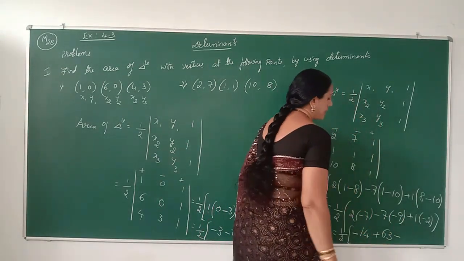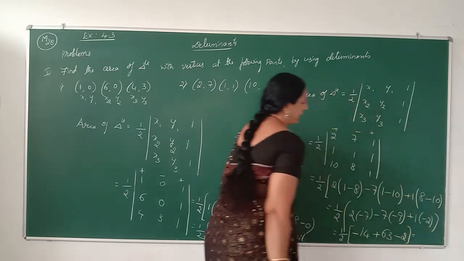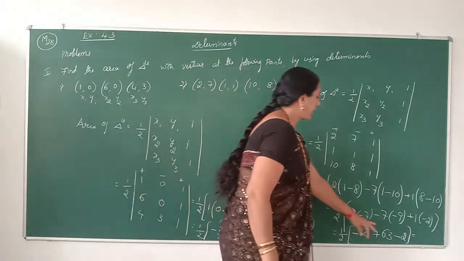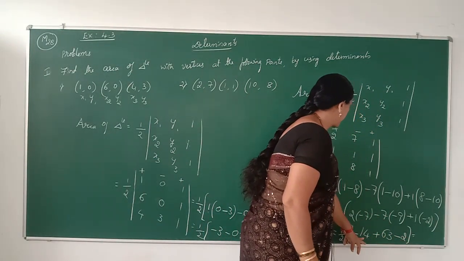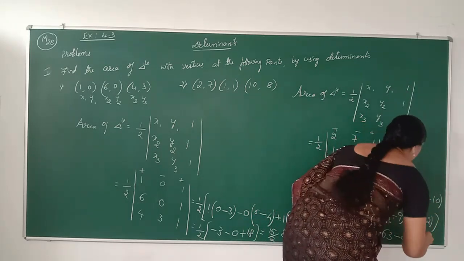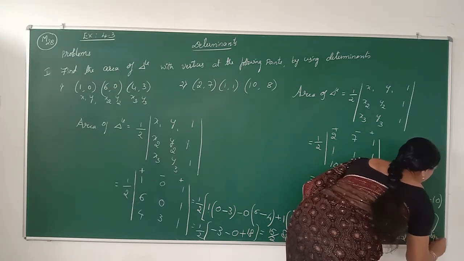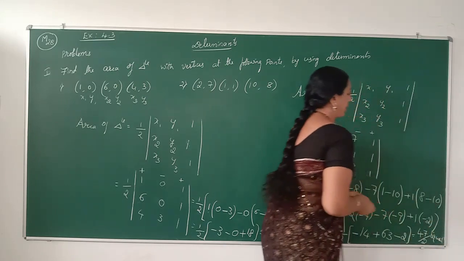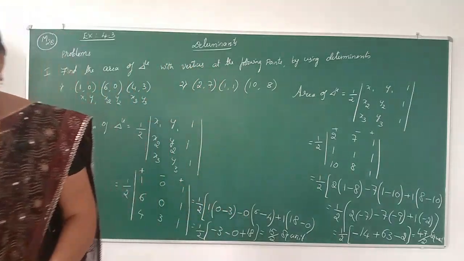Plus into minus is minus, 1 into 2 is 2. So we simplify: 63 minus 2 is 61, 61 minus 14 is 47. That is 47 divided by 2 square units. Therefore, the area of the triangle is 47 divided by 2 square units.